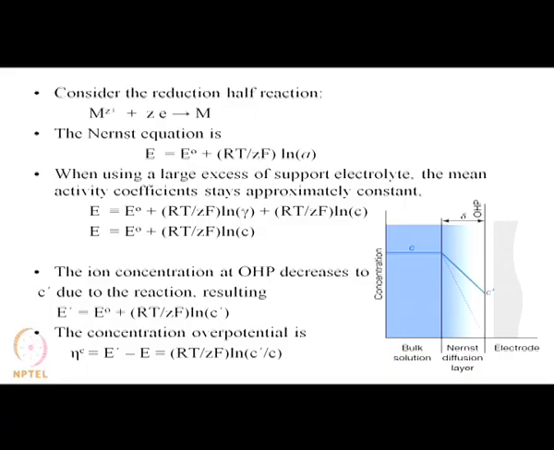Therefore, any little change in concentration of the reactant does not alter the ionic strength a lot, and as a result the mean activity coefficient of the ions involved in this reaction remains approximately constant. So, you can write this expression as E0 plus RT by ZF ln gamma, into concentration, and if you write these two together, you get E0 plus RT by ZF ln C.